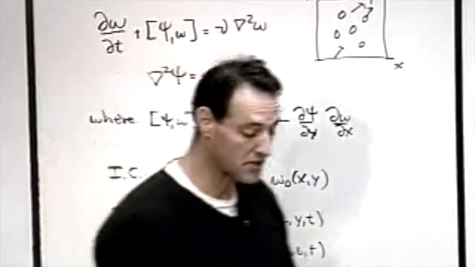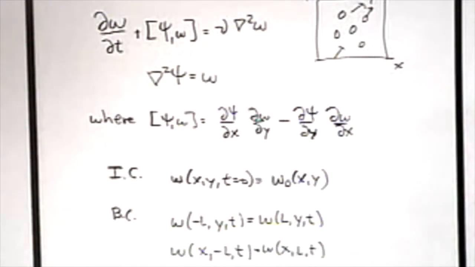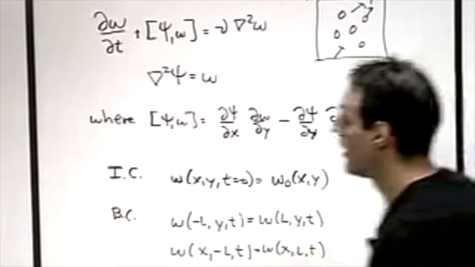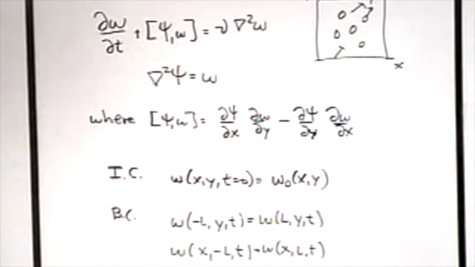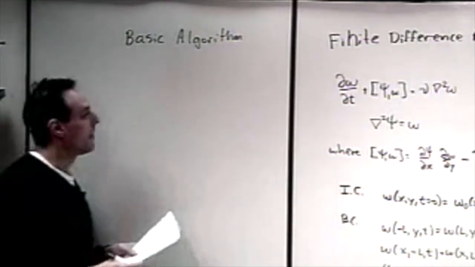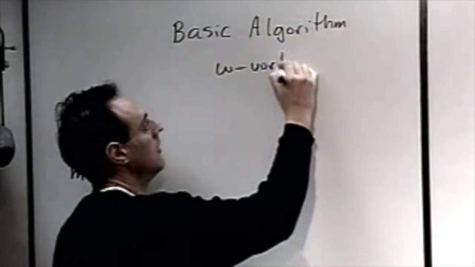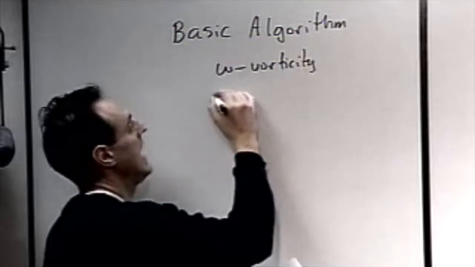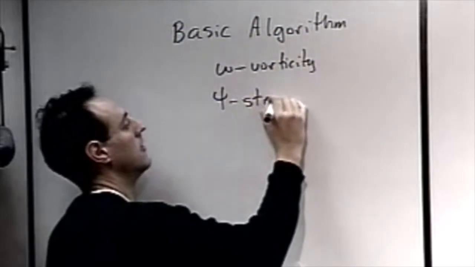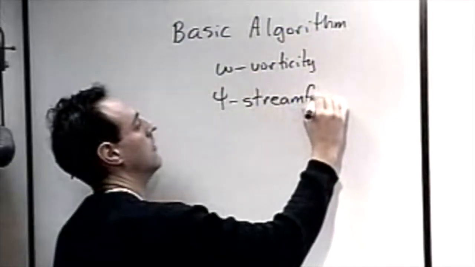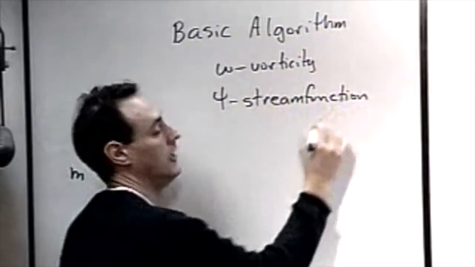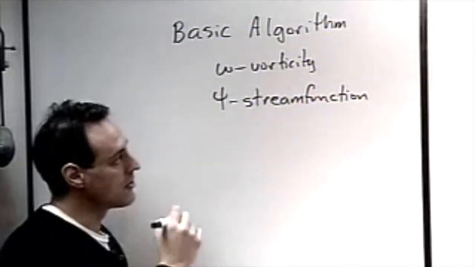All right, so let's talk about the basic algorithm and what's going to be involved in this. So I'm actually going to do this over here and see how this board works. We talked about this last time in class. The basic algorithm, we need to solve for both the vorticity and for the stream function. So how do we do that from this equation?